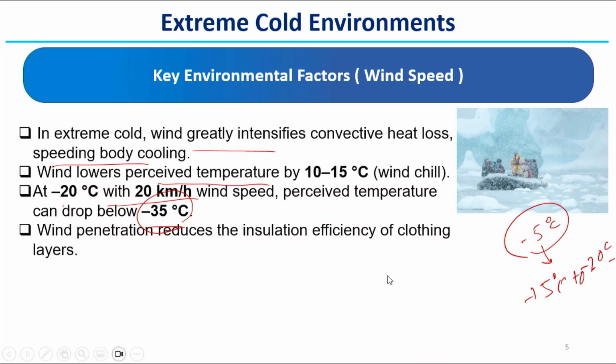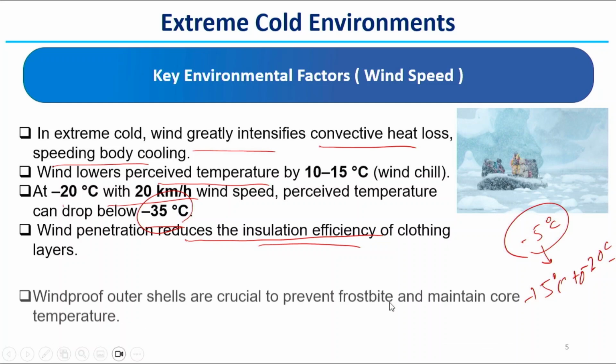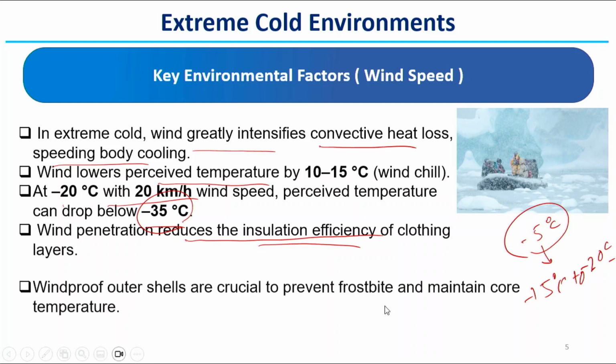Wind penetration reduces the insulation efficiency of the clothing layer, in addition to the convective heat loss. If wind penetrates, that will reduce the insulation efficiency, because it will take the heat through convection. So, in those cases a windproof outer shell is needed.